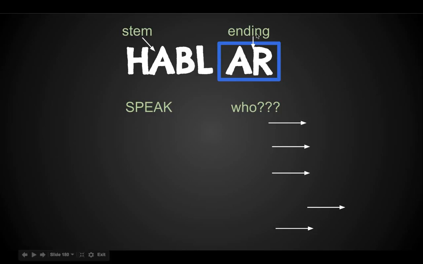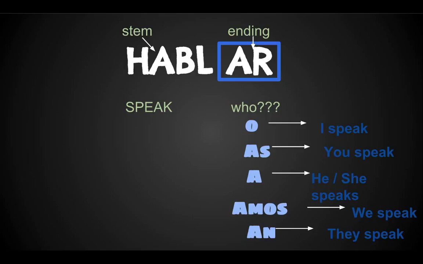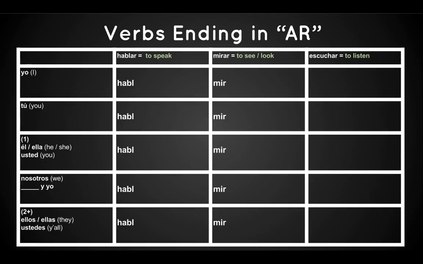In order to tell who is speaking, we have to change this by getting rid of the AR and replacing it with O for I speak, AS for you speak, and A for he or she speaks, AMOS for we speak, and AN for they speak or you all speak. So you can see in this chart how it actually works.